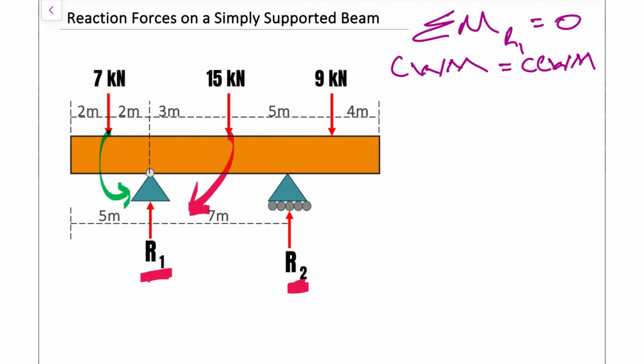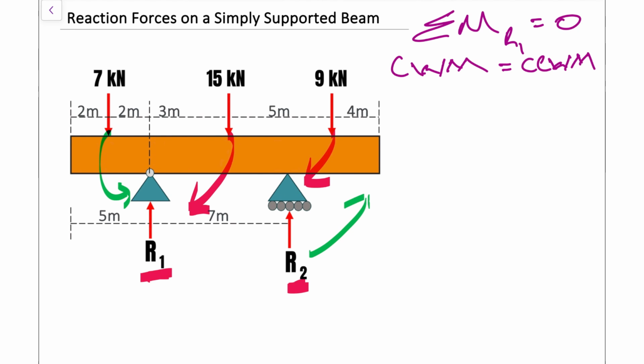The 9 kilonewtons as well will be trying to go in the same direction as the 15 kilonewtons. And then our R2 will be trying to pivot in the opposite direction. So in this instance, we have two forces that are trying to go clockwise and two that are trying to go counterclockwise. So the only thing that we need to figure out now is what we are using as our distances.